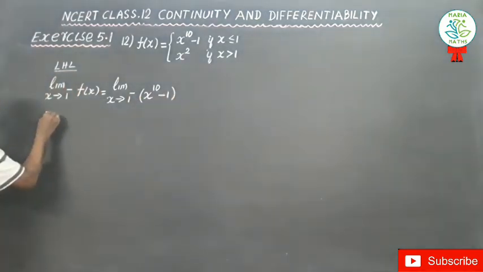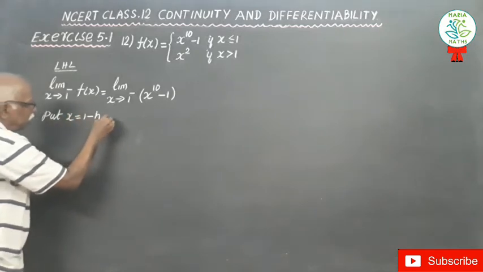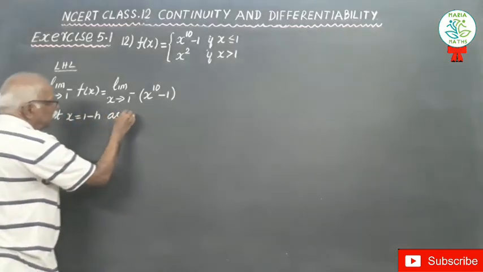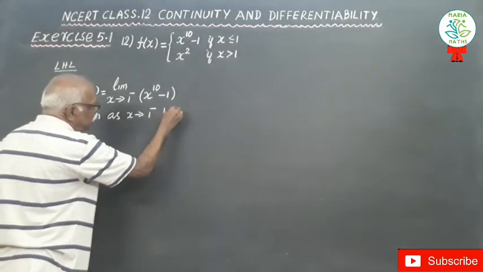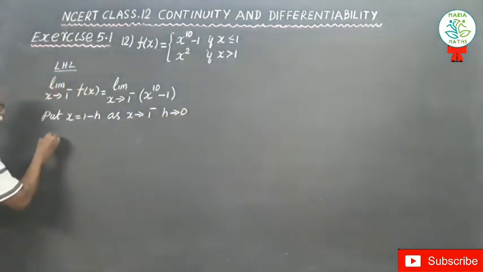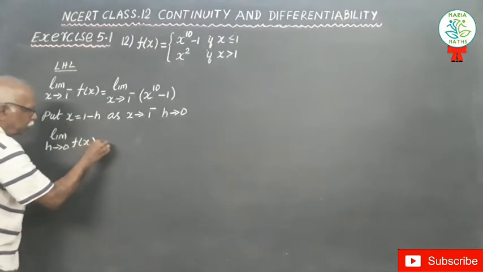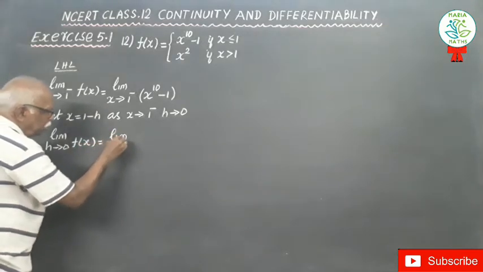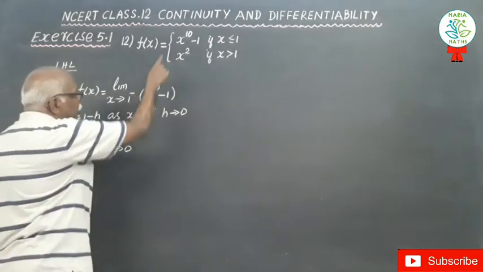Now put x is equal to 1 minus h. As x tends to 1 minus, h tends to 0. Limit h tends to 0, f of x is x power 10 minus 1.